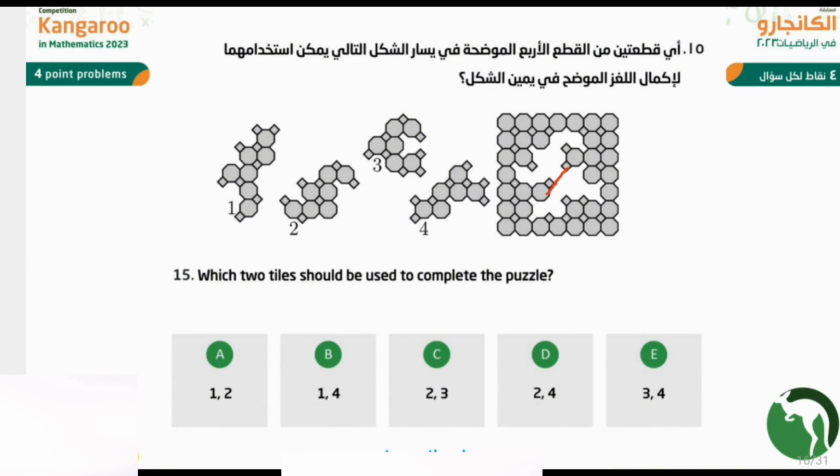If we put piece number 4 in this place, we will exclude the answers that don't contain 4, so we will exclude A and C. Now for this part, we should put one that fits this place, so 3 doesn't fit, and 1 also doesn't fit because of this extra part. So we have 2, and the correct answer will be D.